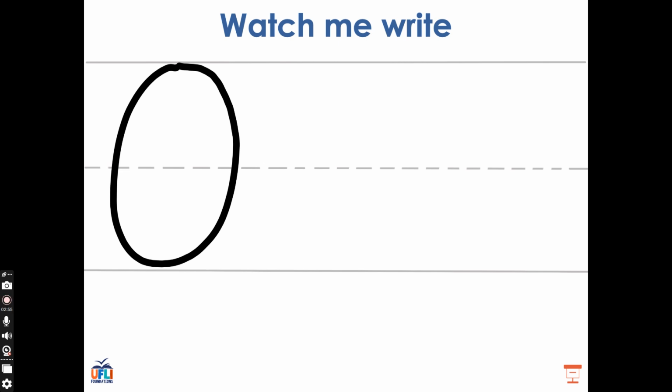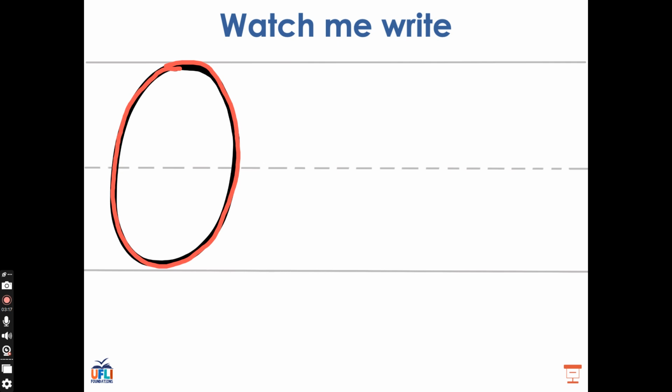Let's practice writing uppercase O. I'm going to write on the screen, and you can either write on paper, whiteboard, or even just using the palm of your hand and your pointer finger. Let's get ready to write. Start at the top, curve all the way down, touch the bottom line, curve right back up through the dotted line and back to where we started at the top.